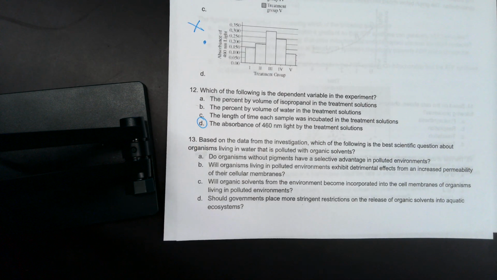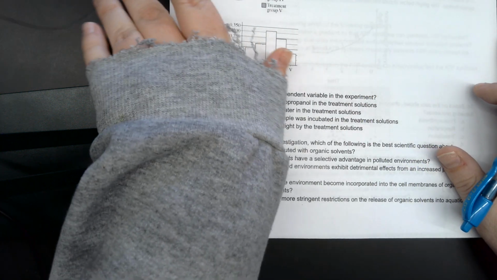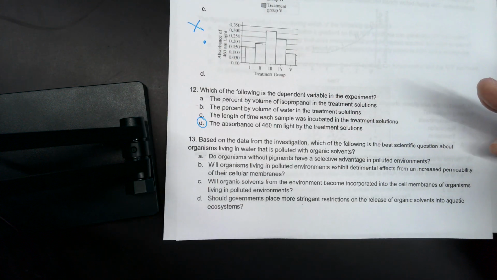13, based on the data from the investigation, which of the following is the best scientific question about organisms living in water that is polluted with organic solvents? So now I have to actually read the background information to figure out what is going on.